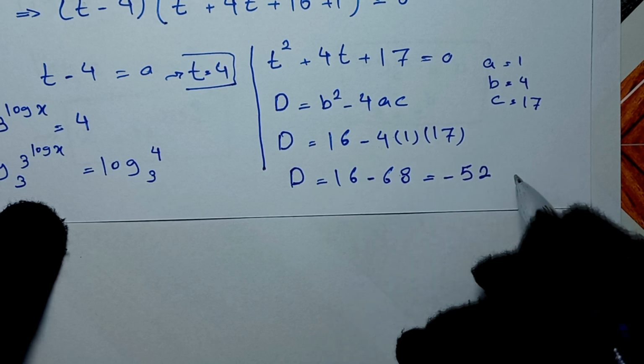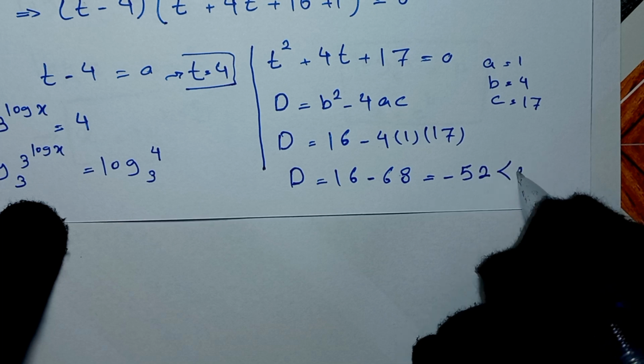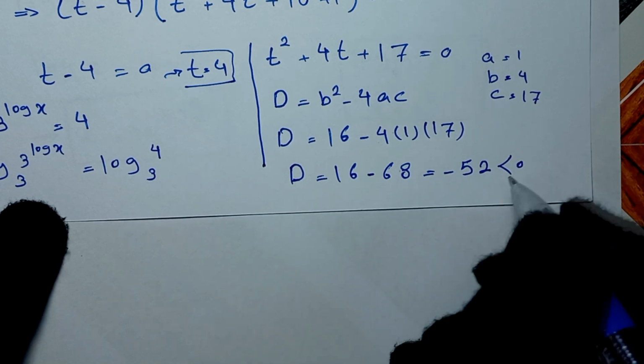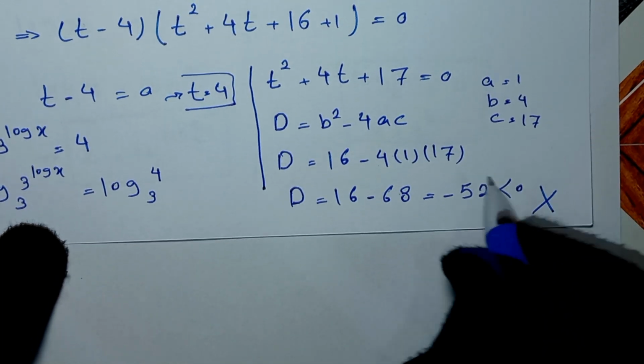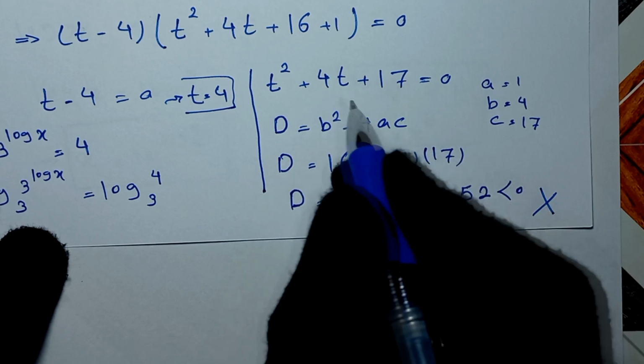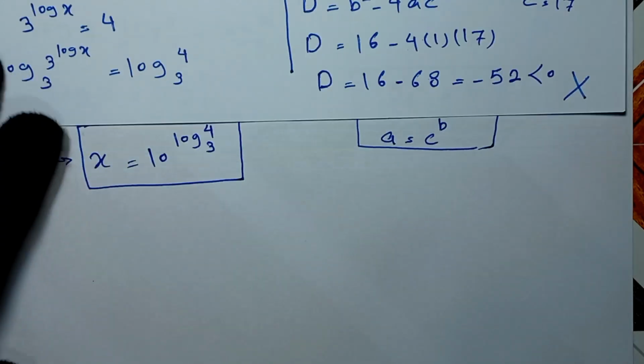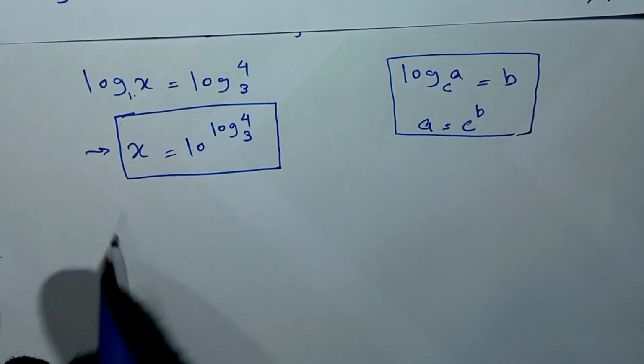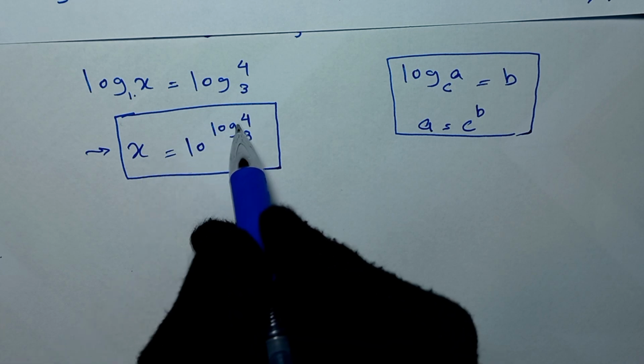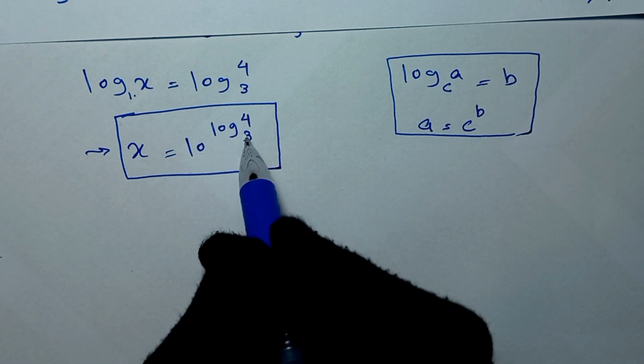Negative 52 is less than 0, so here we have no real solution, and we reject this answer for t. Our final answer for x is 10 to the power of log base 3 of 4.